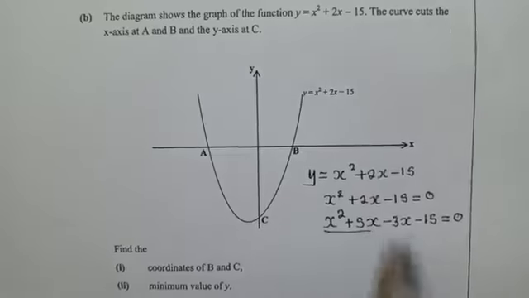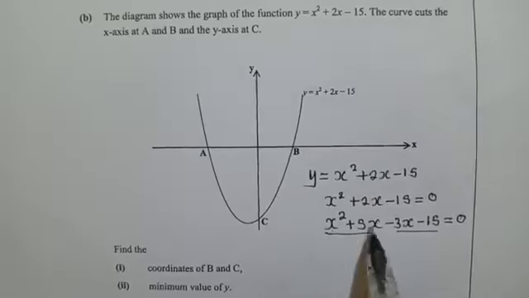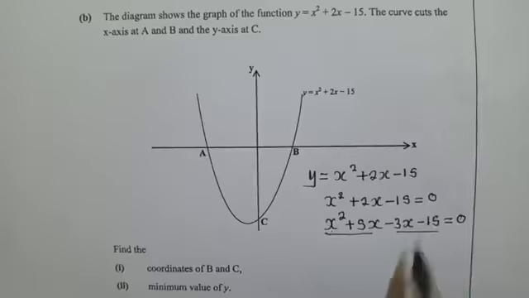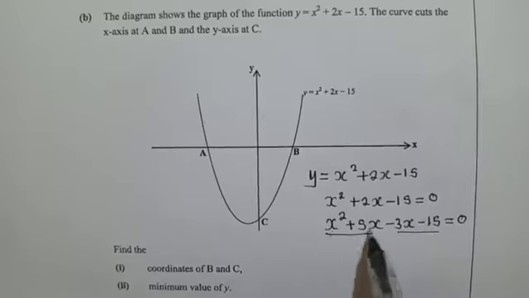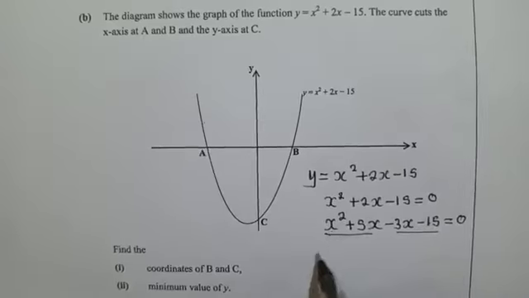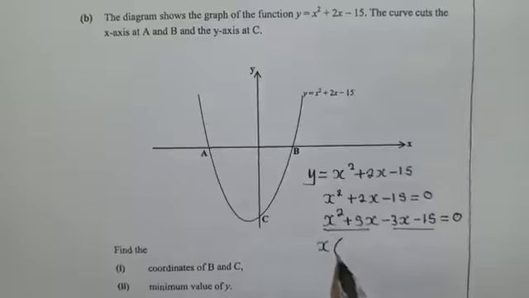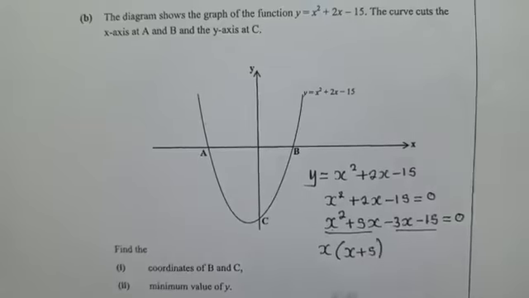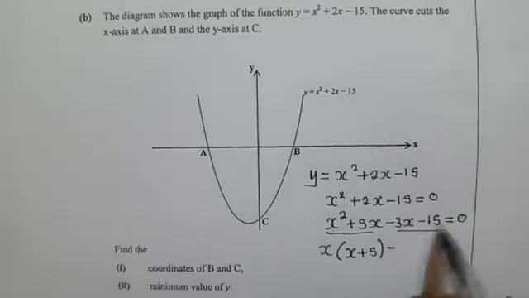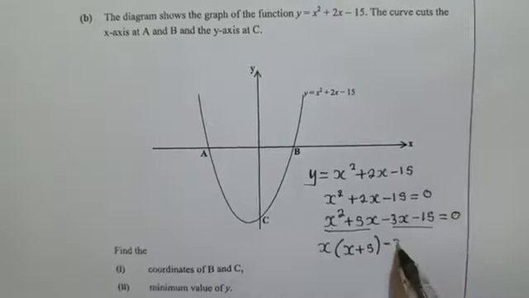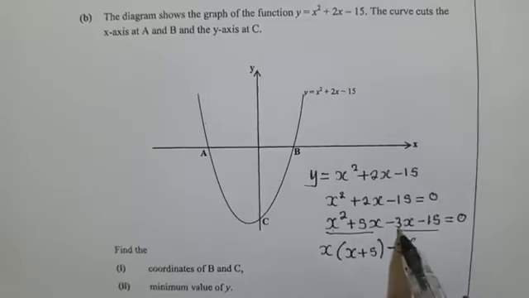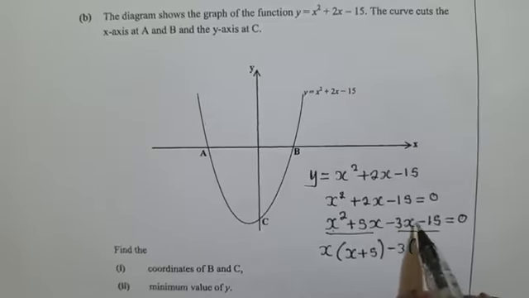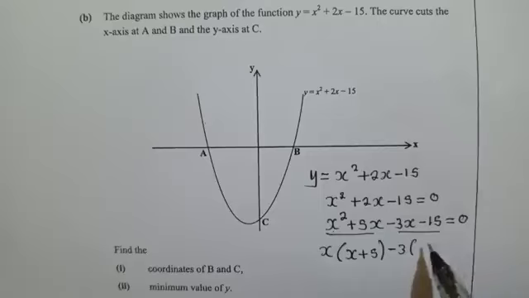And then now I group. So these two terms are together and these are together. Now I factorize. What is common here and here? It's x. So x outside the brackets, I'll remain with (x + 5). The same here. What is found here? It's negative 3. So negative 3 can go into negative 3x, and it can also go into negative 15.